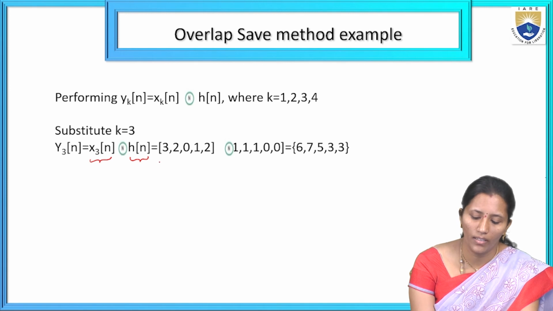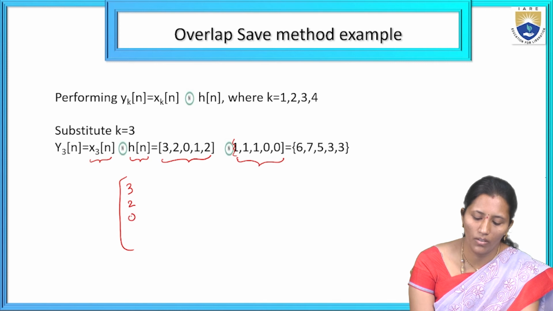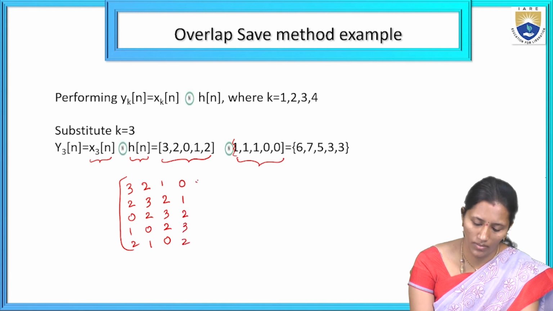Okay. So here x3 of n is 3, 2, 0, 1, 2 and the impulse response is 1, 1, 1, 0, 0. So here x3 of n is 3, 2, 0, 1, 2, 2, 3, 2, 0, 1, 1, 2, 3, 2, 0, 0, 1, 2, 3, 2, 2, 0, 1, 2, 3.